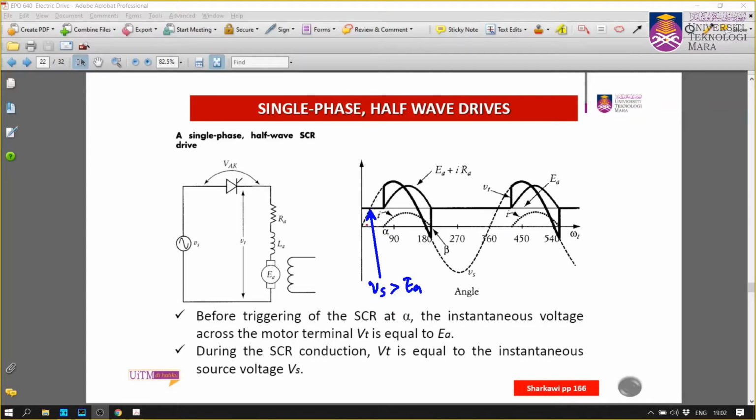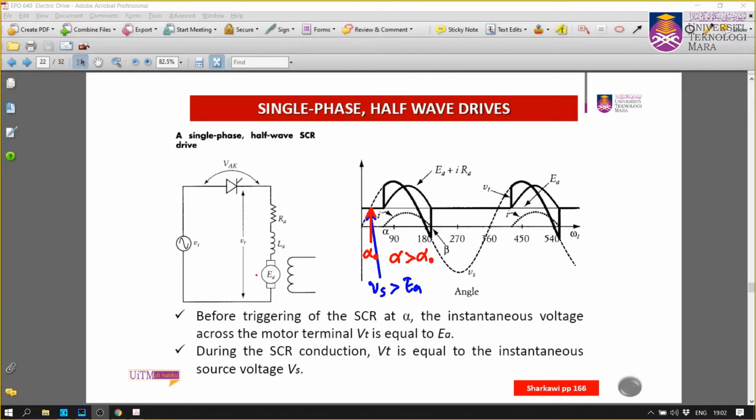If I can mark that point, let's say this is alpha naught. So alpha should be greater than alpha naught. If not, your thyristor will not be turned on.